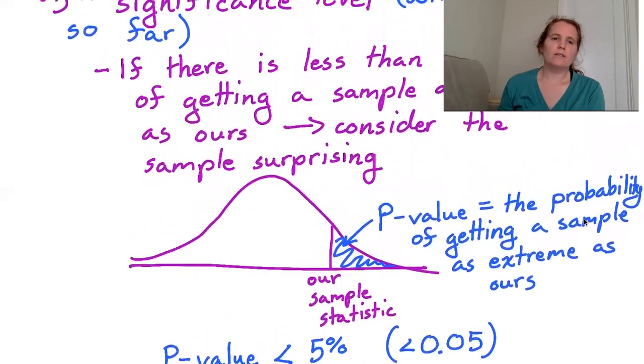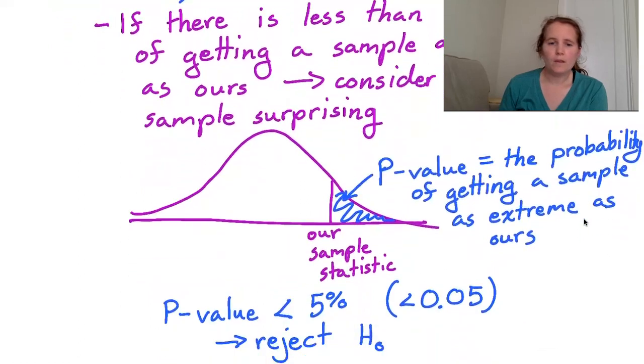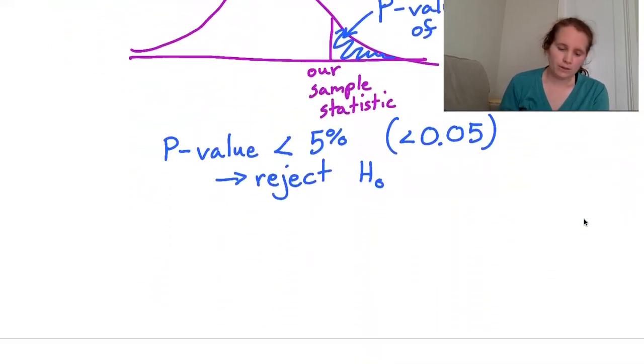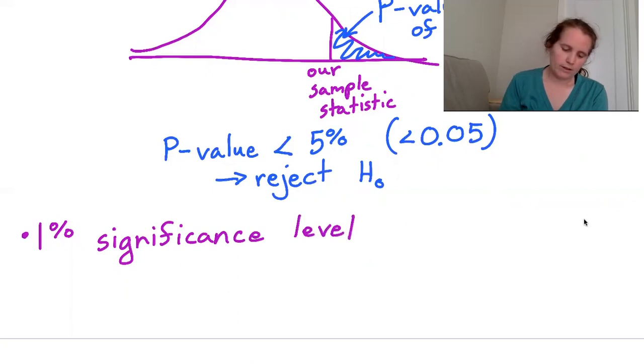So this is our 5% significance level. This is what we have seen so far. Other common significance levels would be 1% significance level, so at the 1% significance level, our cutoff is 1%.